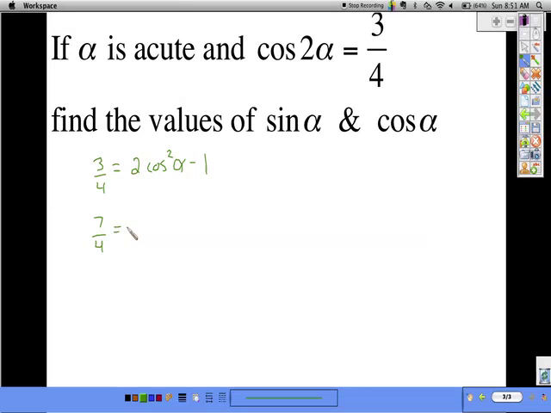Add 1 to both sides. Divide by 2. And square root. And normally we'd go plus and minus at this next step, but because alpha is acute, meaning a first quadrant angle, both sine and cosine have to be positive.